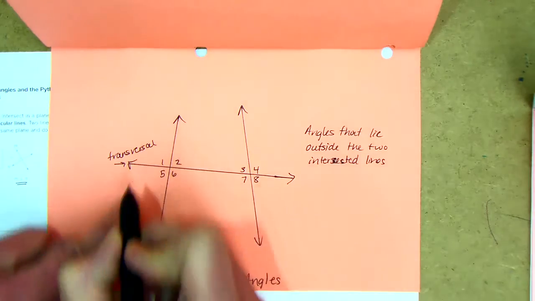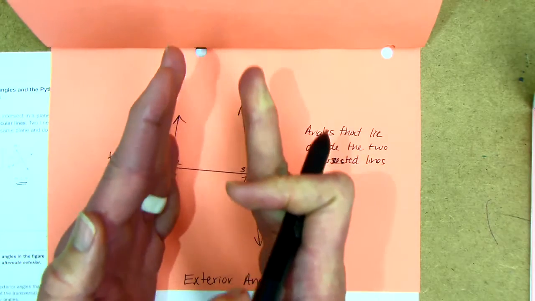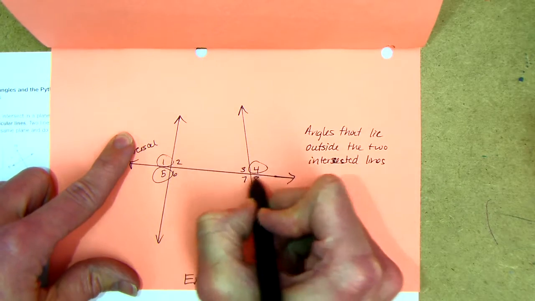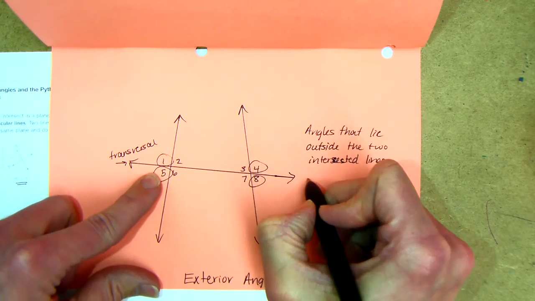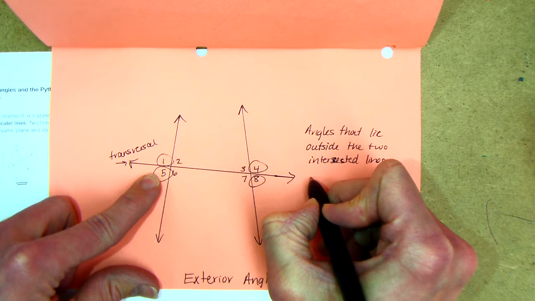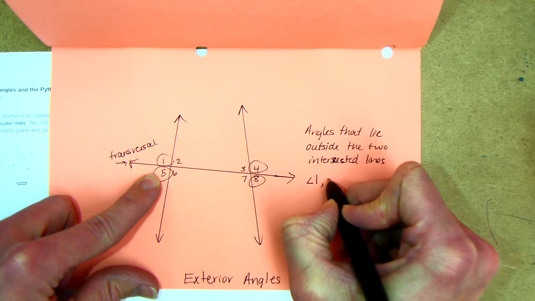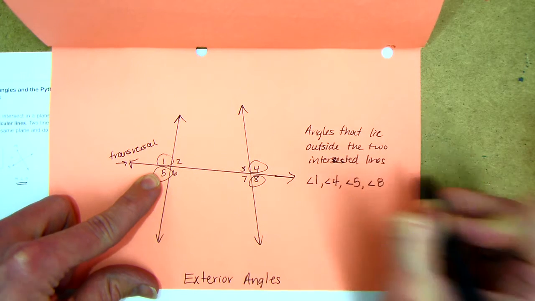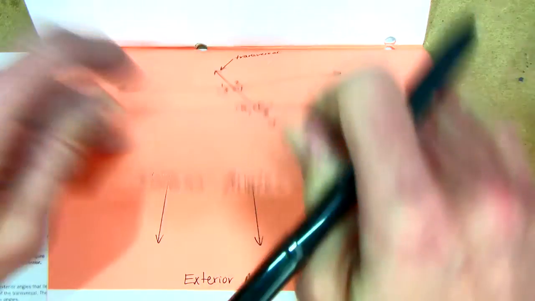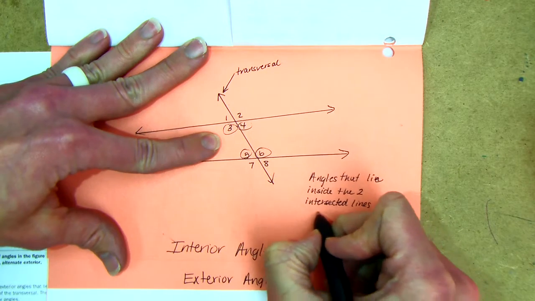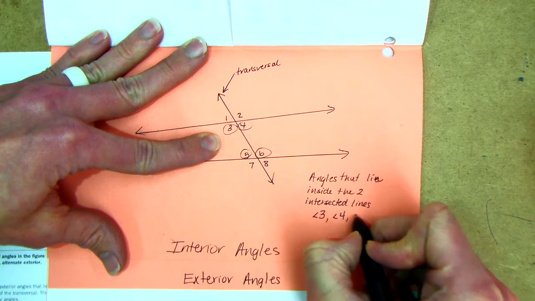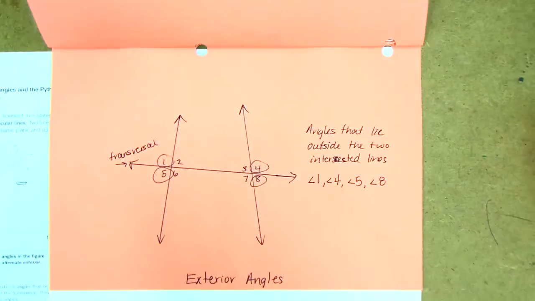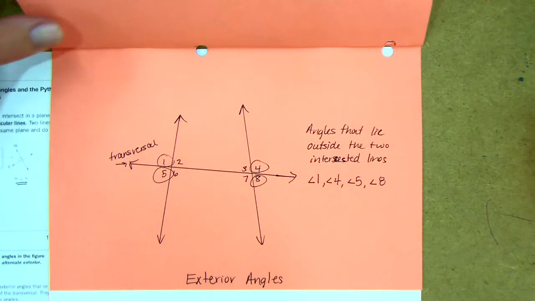In this example, my two intersected lines run this way, so all the angles outside of them would be angle 1, angle 4, angle 5, and angle 8. I forgot to write on the interior, so I'm going to flip back and write that. This was angle 3, angle 4, angle 5, and angle 6, okay? That's how we note them. Those are interior and exterior angles.